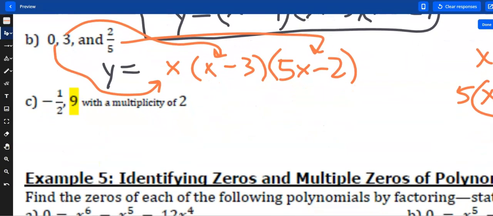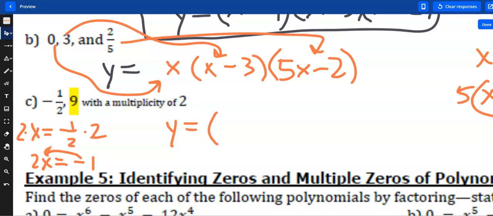All right, what about the next one? Well, see, we could do this whole x equals negative 1/2. We could multiply both sides by 2 and get 2x equals negative 1, and then we could move that to the other side. So we could start out y equals 2x plus 1.